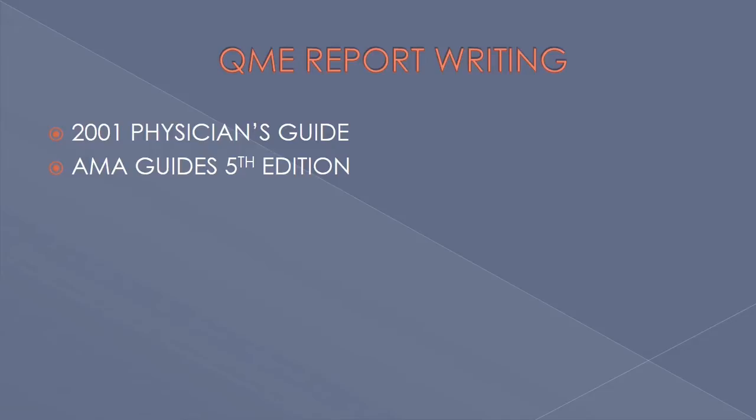It's not ideally adapted to the workers' compensation system, especially here in California. So the 2001 Physician's Guide is still a valuable reference, and I'll share with you some of its important and valuable concepts here as we go.